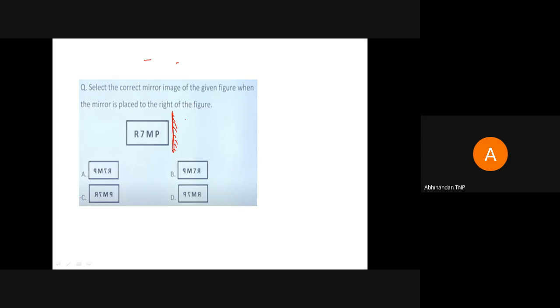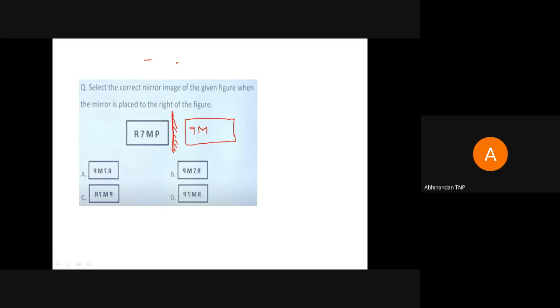It's very easy to find out the mirror image. Draw the mirror. So this is at the right side. This goes to the left side over here. This is P. This P will look like Q. Then this M looks like this. Then this 7, you have to draw the mirror image of 7.